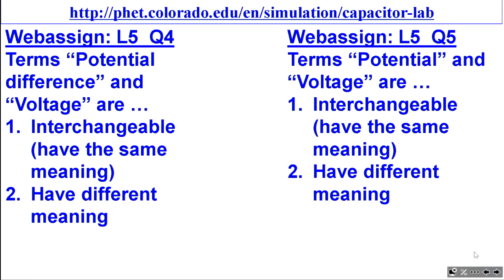Between two potentials. So if we have an electric field, we need to have two different locations, 2 points, P1, P2, in that field to measure potential number 1 at one point, potential number 2 at another point, and then we can calculate the difference.